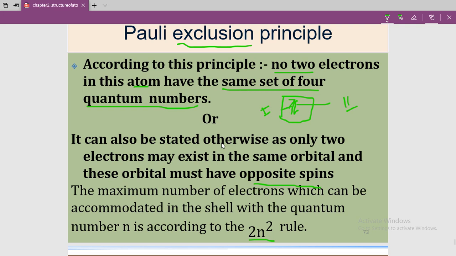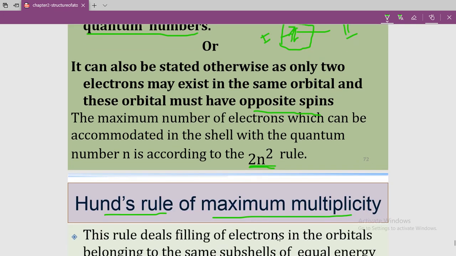It means if the three quantum numbers are the same for the two electrons in the same orbital, then the fourth will be different. The fourth one is the spin quantum number. And the maximum number of electrons that can be accommodated in one orbital is only two, and the accommodation of electrons will follow the 2n square rule.